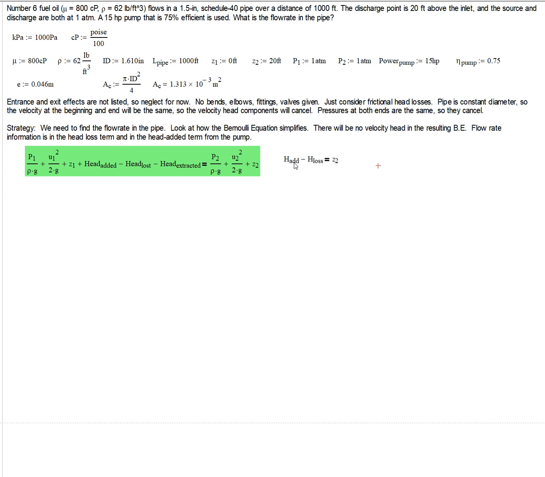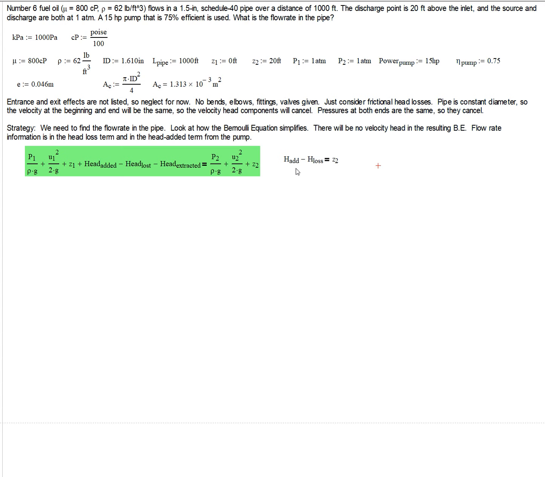Also remember that the head added, we are told that the pump is 15 horsepower, 75% efficiency. Remember, power is equal to head times the weight of the fluid, which is rho g, times the volumetric flow rate.